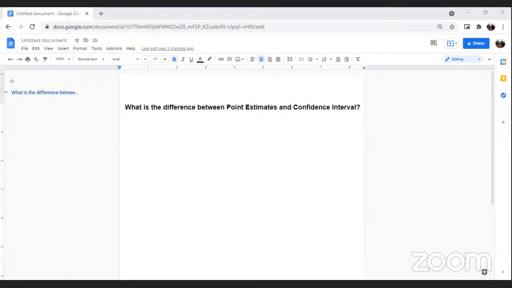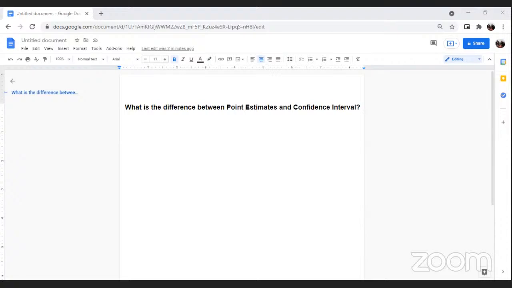All right. So let's first discuss point estimation. Point estimation gives us a particular value as an estimate of the population parameter, right? Method of moments and maximum likelihood estimator methods are used to derive the point estimators of the population parameters.